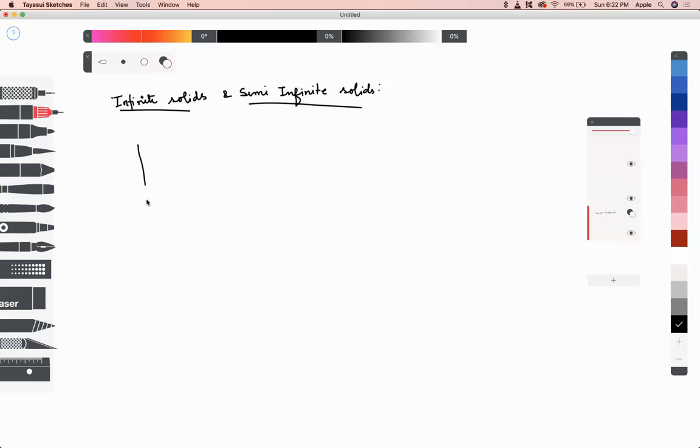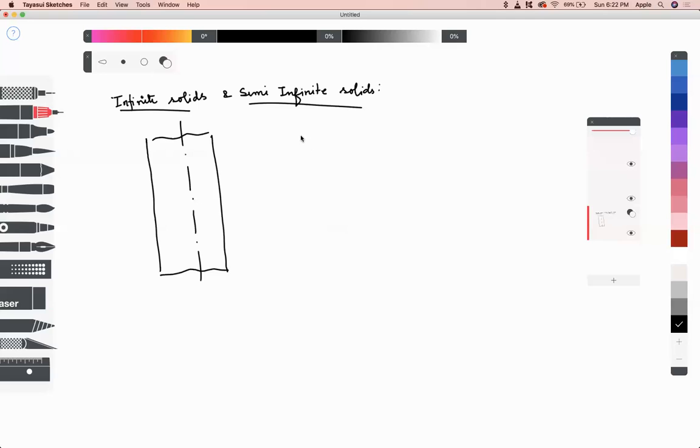So let's say we have a slab which is symmetrical about the central axis.